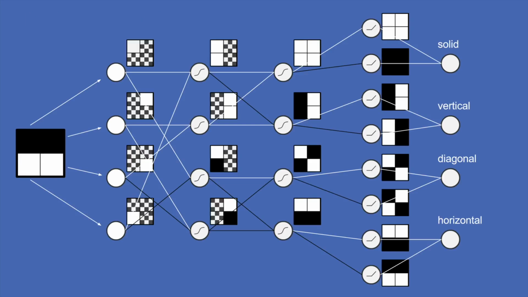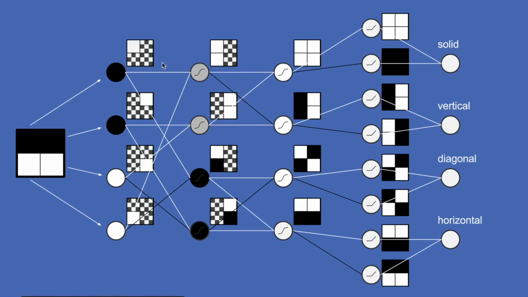So to walk through an example here of how this would work, let's say we start with this input image shown on the left. Dark pixels on top, white on the bottom. As we propagate that to our input layer, this is what those values would look like. The top pixels, the bottom pixels. As we move that to our first layer, we can see the combination of a dark pixel and a light pixel summed together get us 0, gray.